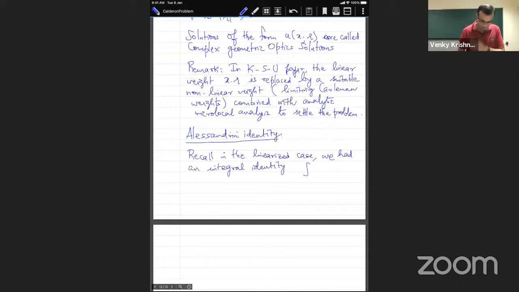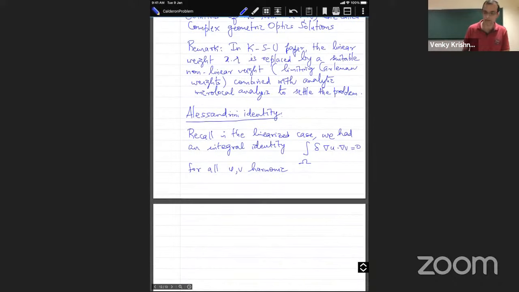The integral over omega of delta, grad u dot grad v, is equal to 0 for all u, v harmonic. So you just need to produce enough harmonic u and v such that this dot product is dense in the L1 sense. Now the Alessandrini identity is the same thing.